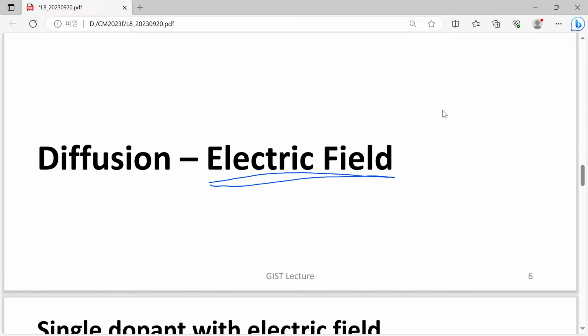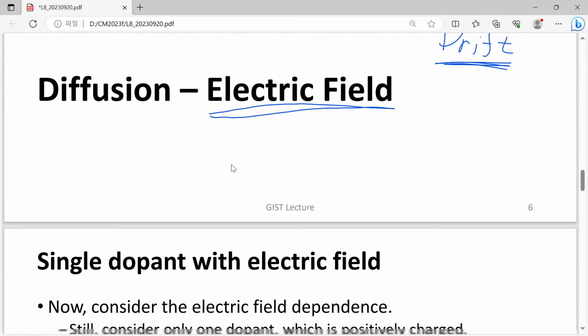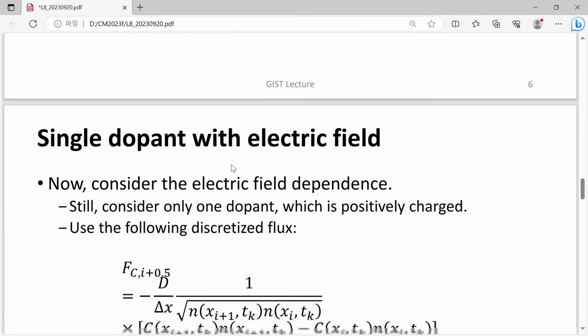The only reason we introduced the non-linearity was the introduction of the drift term, which is related to the electric field. So now we must come back to our previous discussion on electric field.